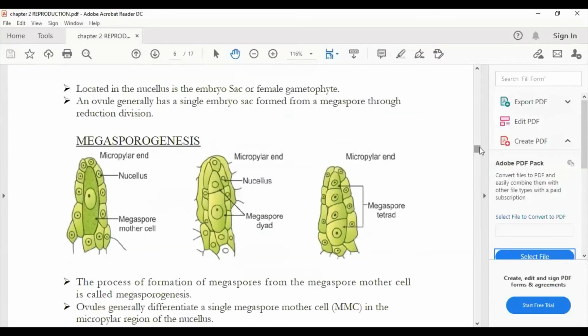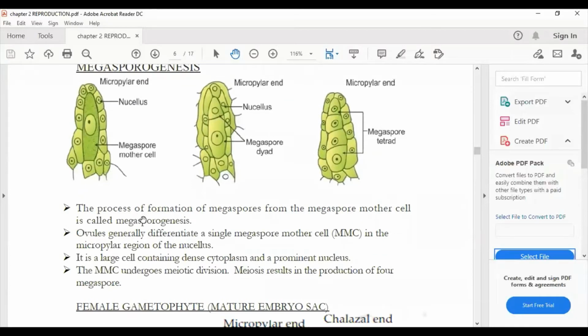Moving on to megasporogenesis. This is the sporogenesis of the mega, that is the female. Make a note of the definition of megasporogenesis.